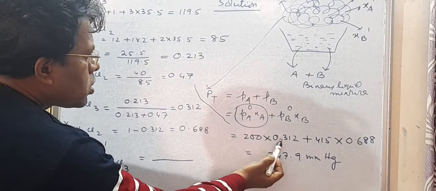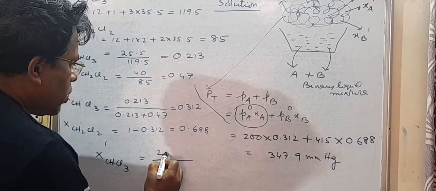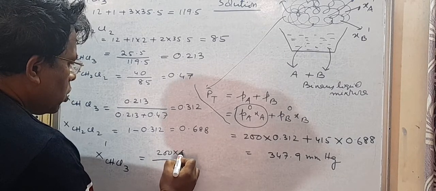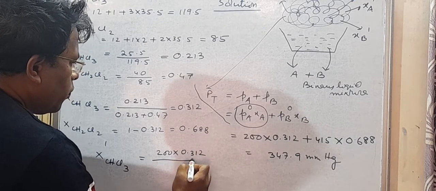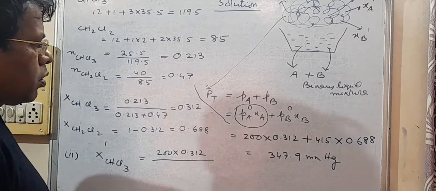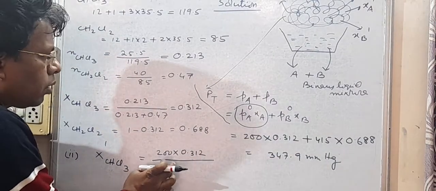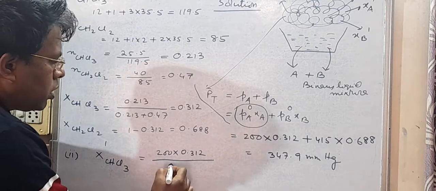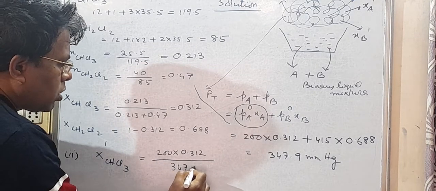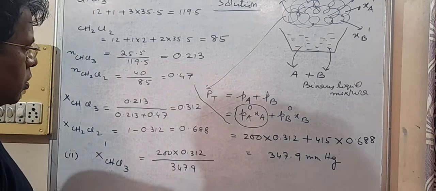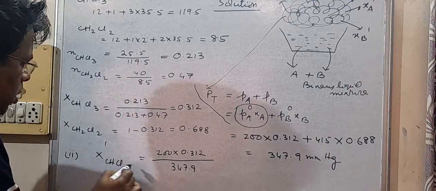It is this one. So 200 into 0.312, the pressure due to chloroform, and divided by total pressure. Total pressure is 347.9.